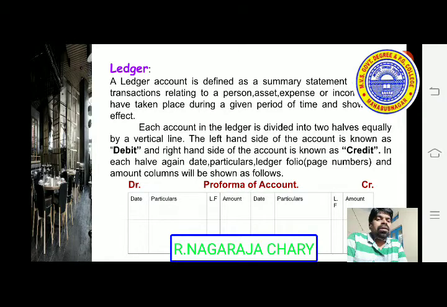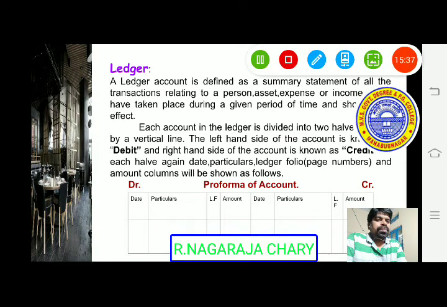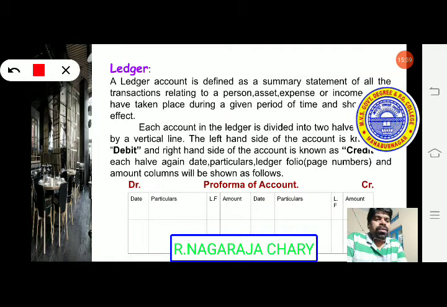In each half, again, date, particulars, ledger folio, which is the page number, and amount columns will be shown as follows. So you see the proforma of the account is like this.